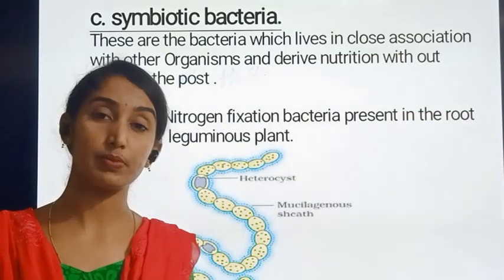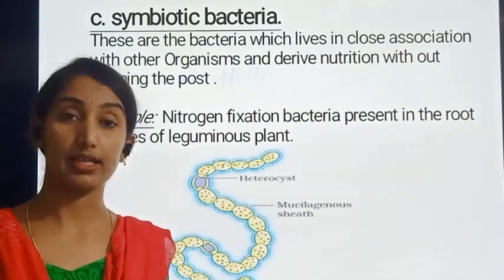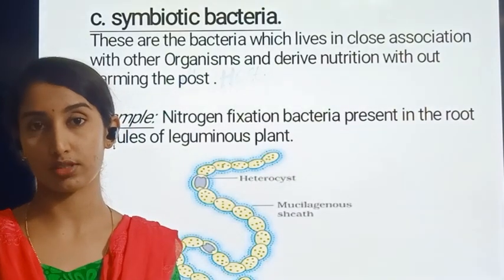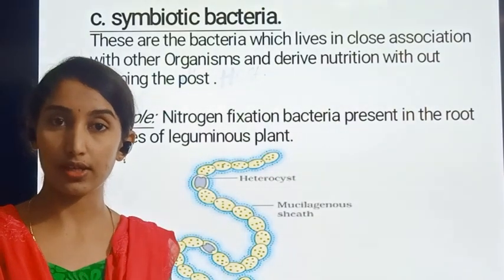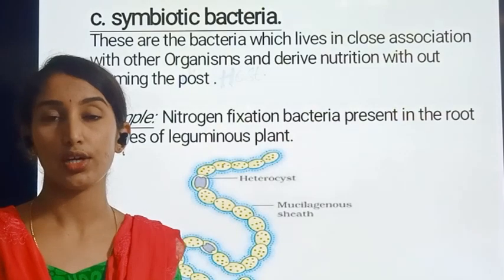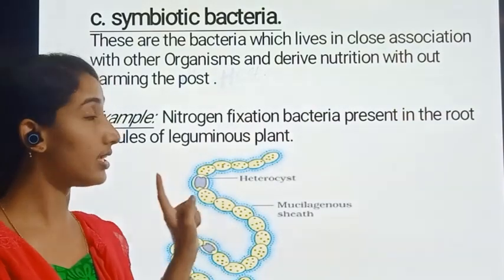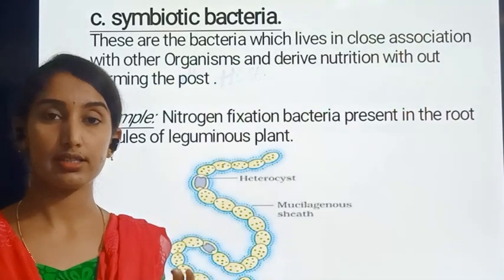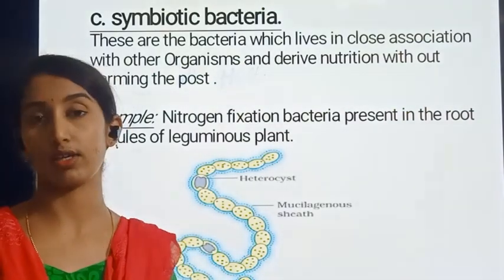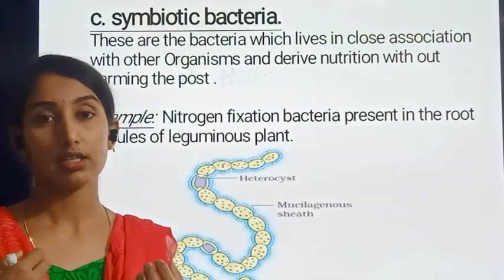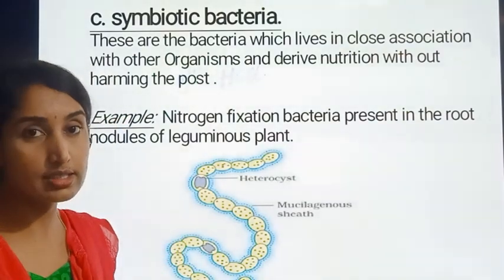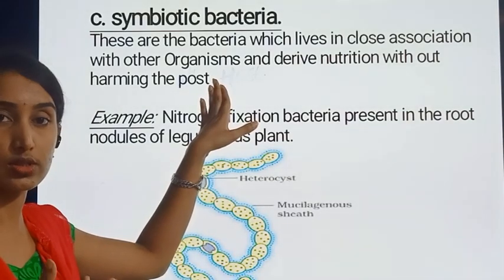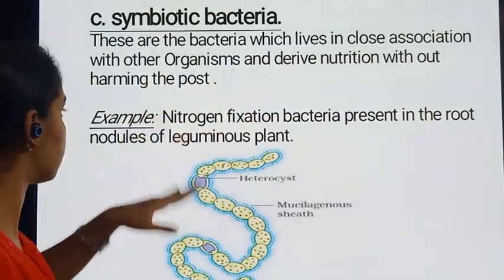But when we compare to parasitic bacteria, those bacteria harm the host. They harm and infect, then derive the nutrition. But symbiotic bacteria do not harm; they just derive their nutrition from the host organism or host cell.